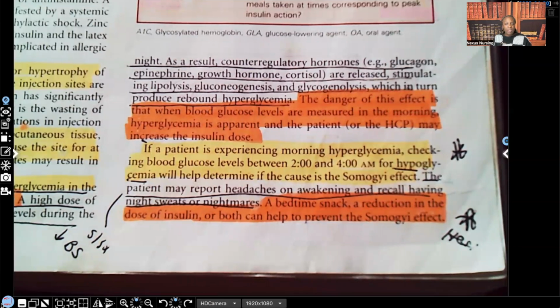They report that their skin felt cool, they were sweating a lot in the night, but you're checking their blood sugar in the morning and the blood sugar is high. We're going to test them between 2 and 4 a.m. And if that blood sugar is low between 2 and 4 a.m., we know we're dealing with Somogyi effect. We're going to give them a snack at nighttime. Doctor may lower their insulin at night, or even both. That is your Somogyi effect, okay?